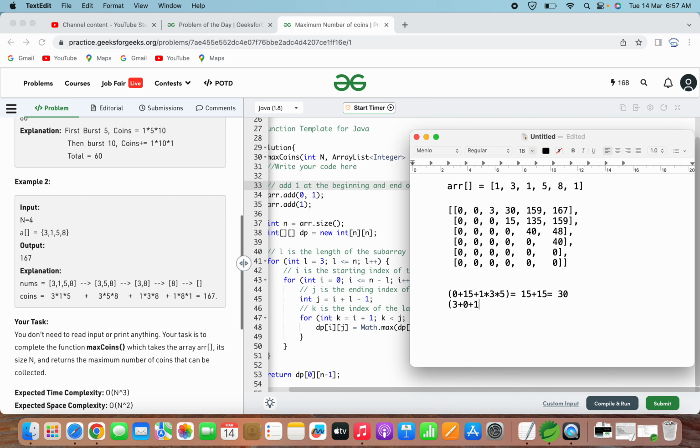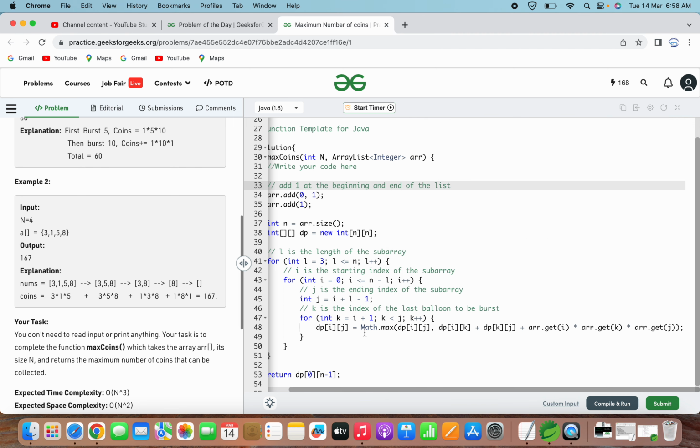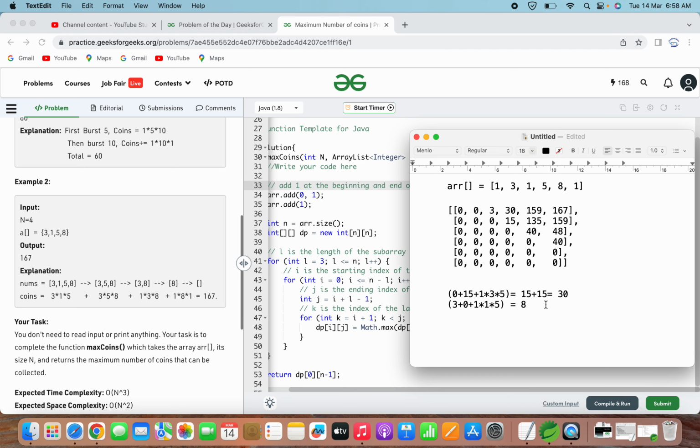So it will be 1 into 1 into 5, which gives 8. Out of these two, which one is the max? Max is 30. So from there only this 30 came.